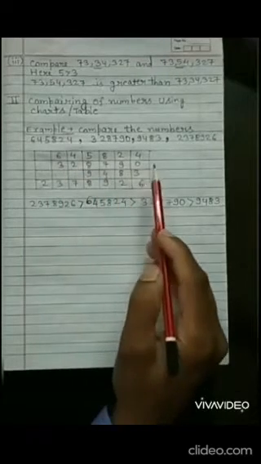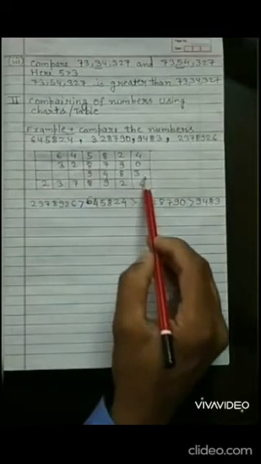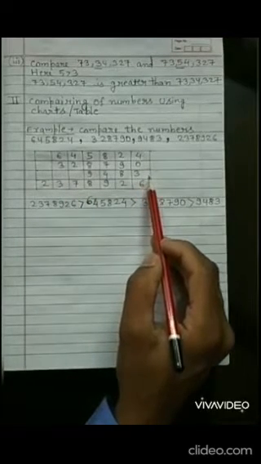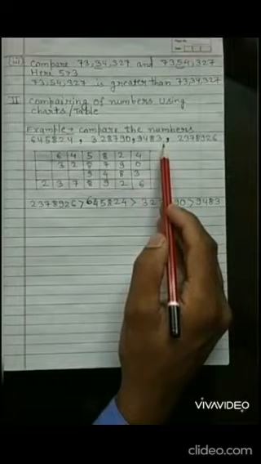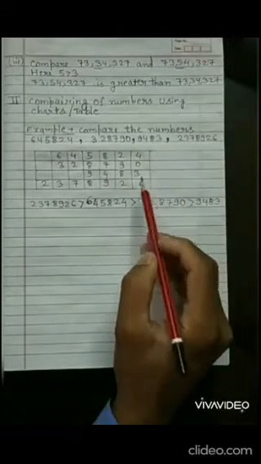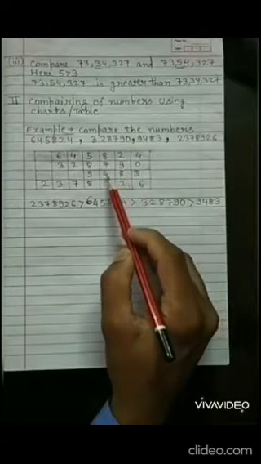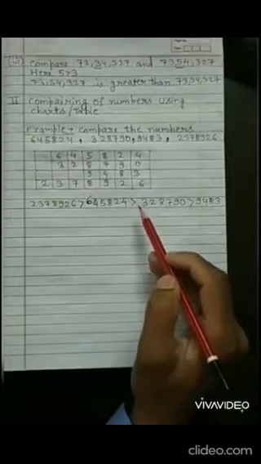In the same way, we are going to put the third number on the third row. So we are going to put the digits of this number from the right side of the third row. 3, 8, 4, 9.